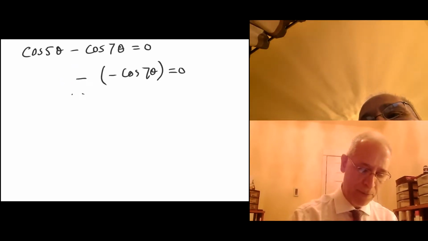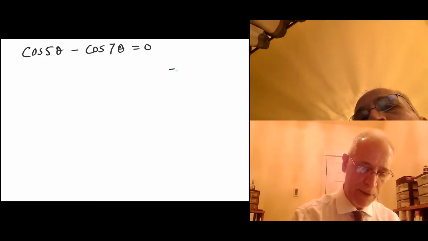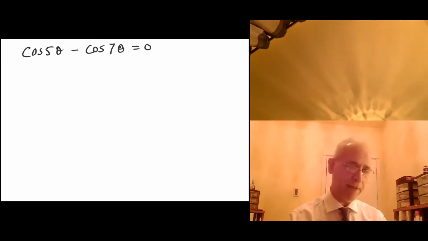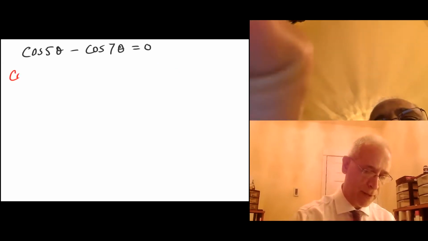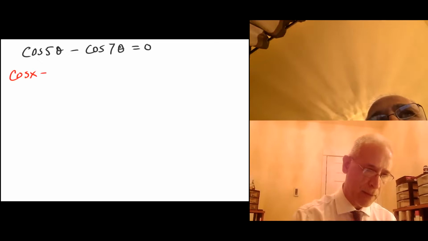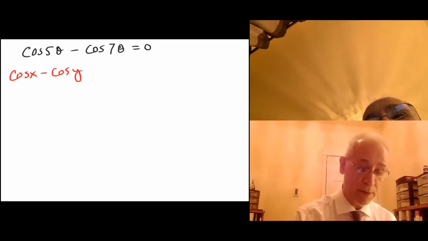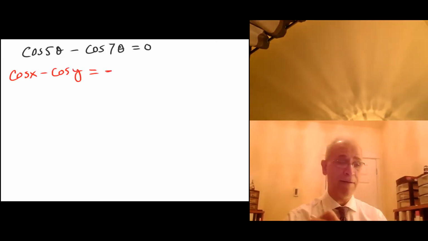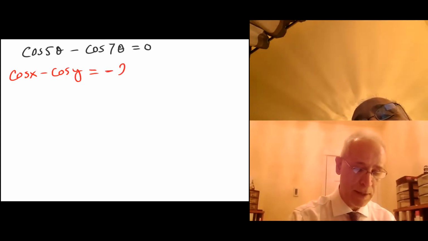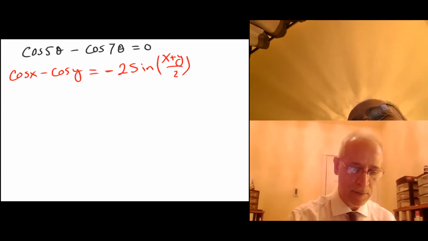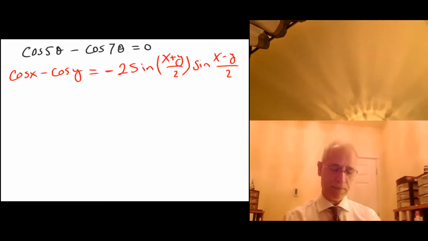All right. First, like last time, let me write down the formula and follow that. Cosine of x minus cosine of y equals minus 2 times sine of (x plus y) over 2 times sine of (x minus y) over 2.